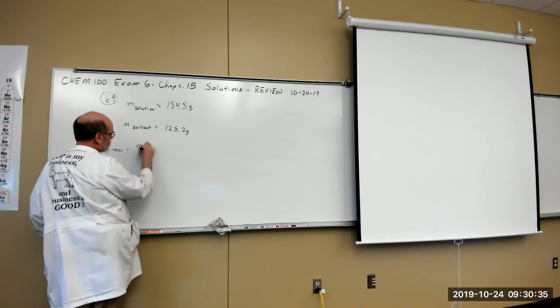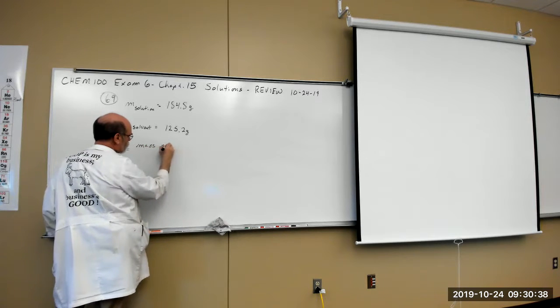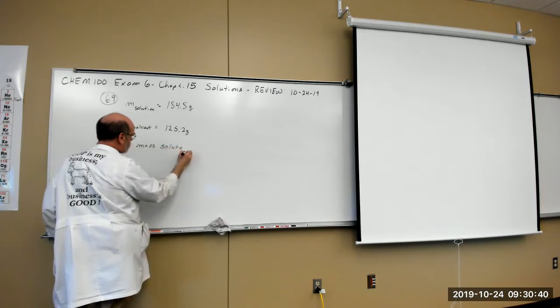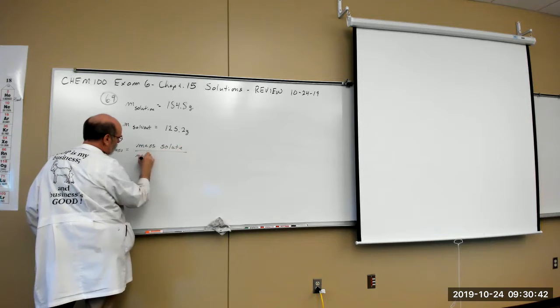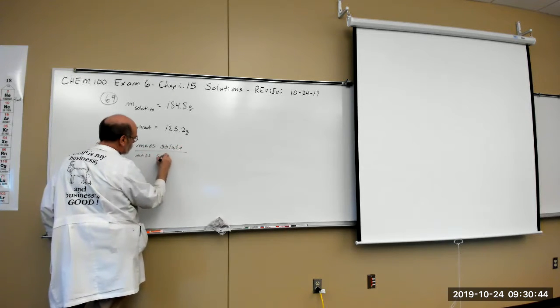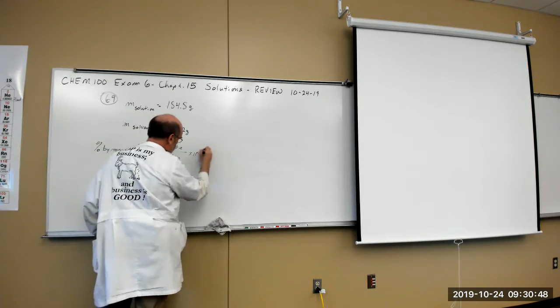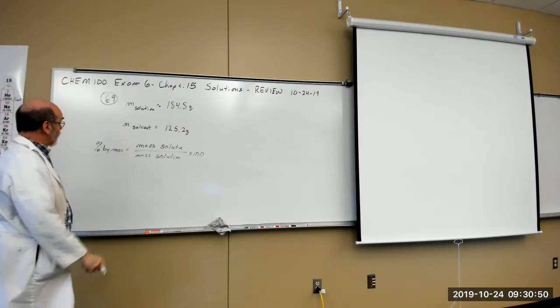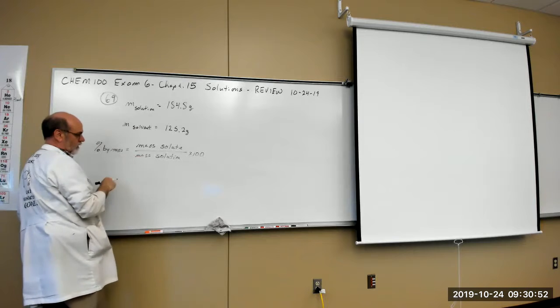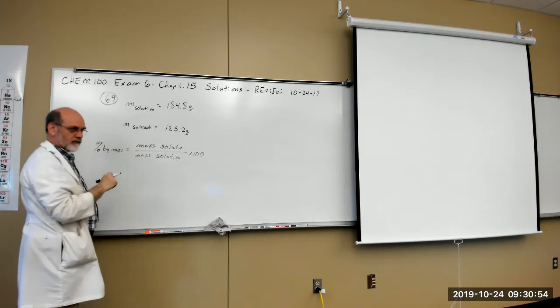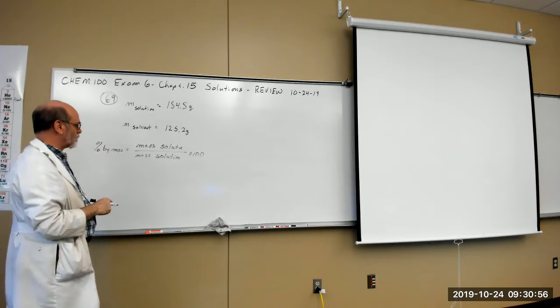equals the mass of the solute divided by the mass of the solution times 100. Right. So we have the mass of the solution right there. We need the mass of the solute. How do you find the mass of the solute?